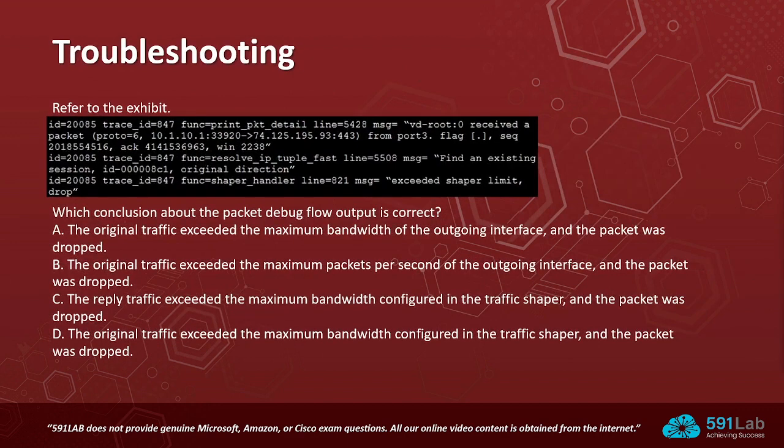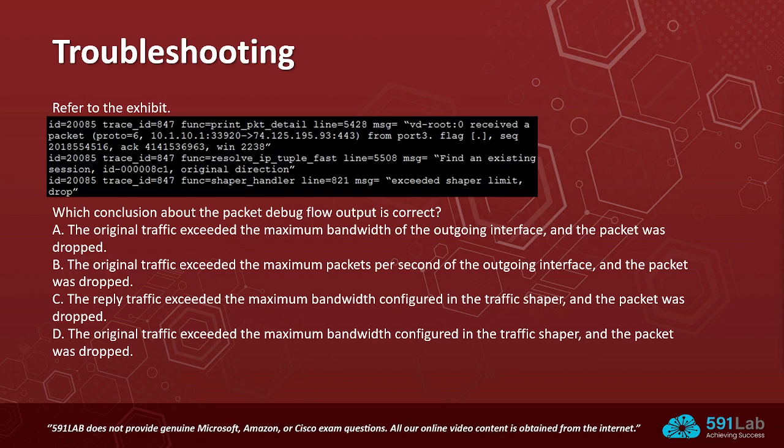Troubleshooting. We have this picture there, and it says, which conclusion about the packet the debug flow output is correct. Let's see the picture. We have communication from that IP address to that IP address, on this port.